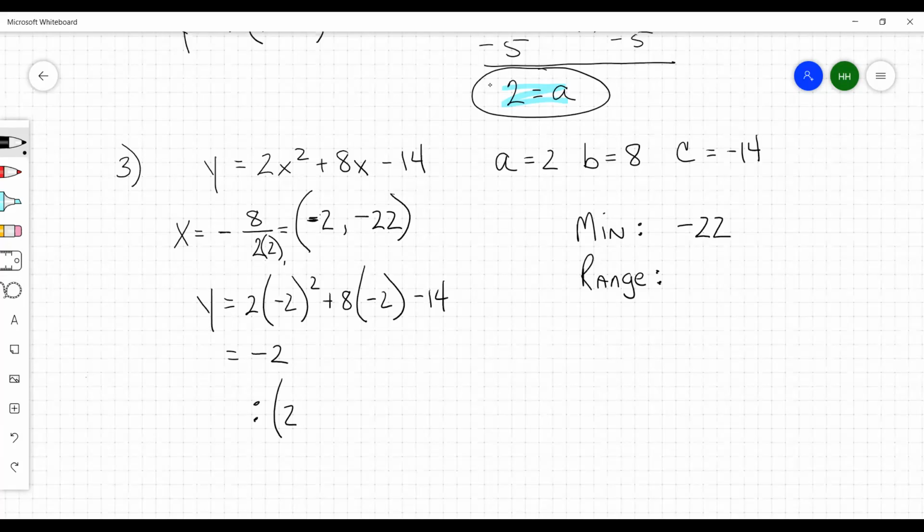The range of values, since the graph is going up: all of your y values, which are your range, since the vertex is at the bottom, are going to be greater than or equal to negative 22.